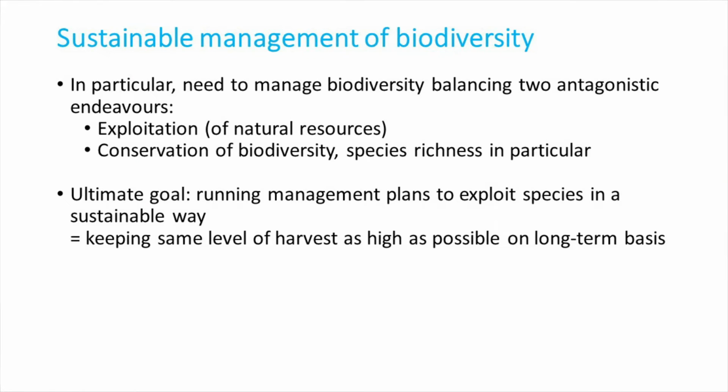And we do that to reach the ultimate goal of exploiting species in a sustainable way, meaning that we can harvest the same amount of biomass, as high as possible, but on a long-term basis.